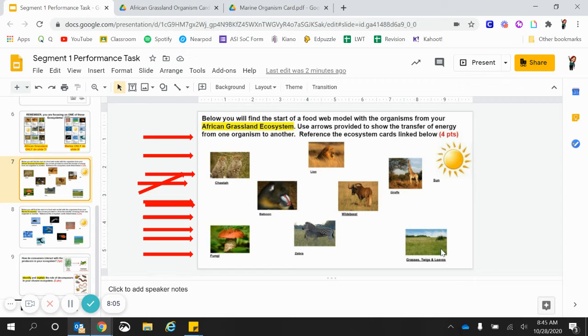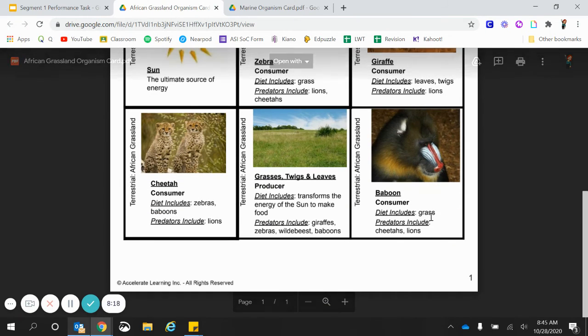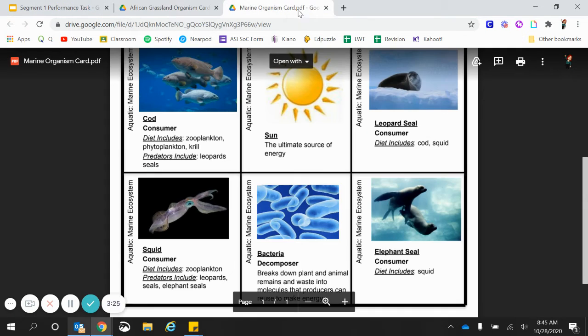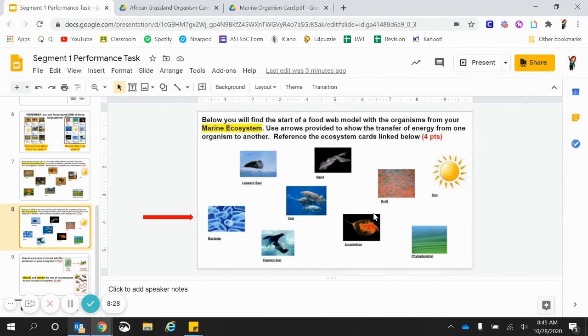I was looking for an arrow to every primary consumer from here, which was the giraffe, the wildebeest, the zebra, and was it the baboon? Let's look. And the baboon as well. So I was looking for at least these 3, if not 4. Same goes for over here, that at least these 2 had the arrow.